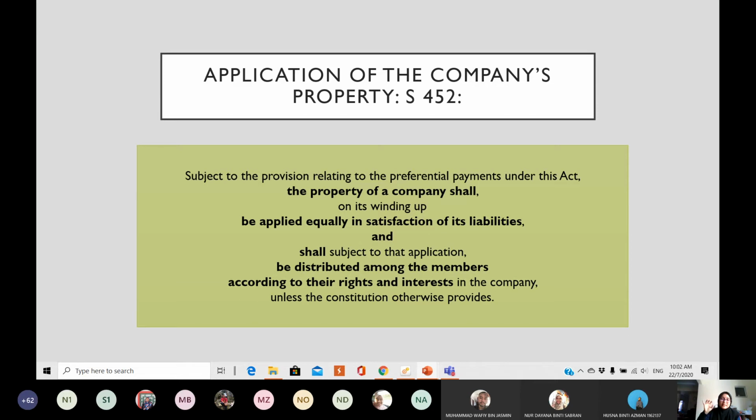And then it is subject to the rights and interests of the creditors, maksudnya payment of the debt tu must be according to the order of priority. Okay, and then kalau ada balance, it will be distributed among the members according to their rights and interests in the company.